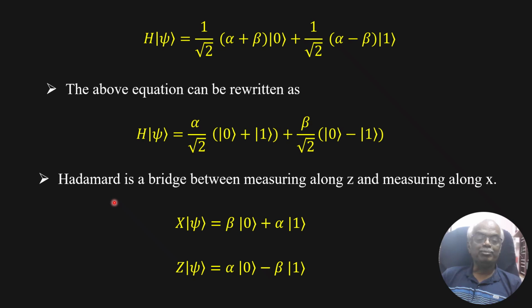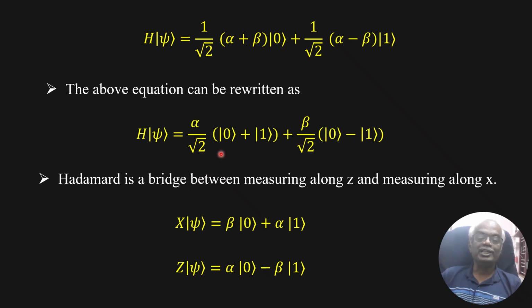So Hadamard is a bridge between measuring along z and measuring along x-axis. What will happen if you measure along x-axis? Beta times ket 0 plus alpha times ket 1. Forget about 1 over square root 2; after all, it is a scaling factor.